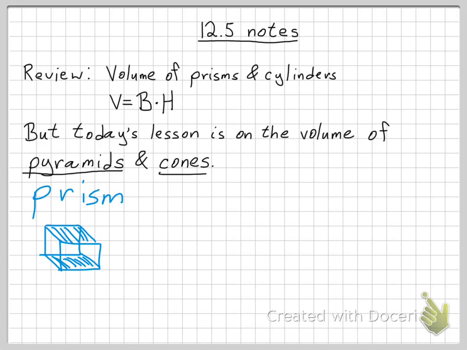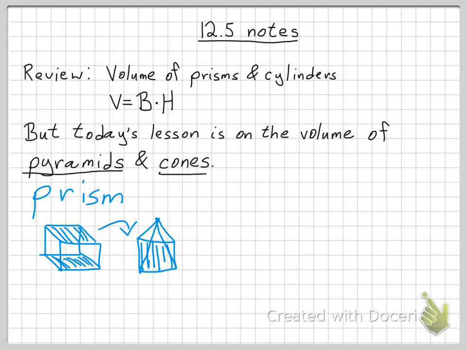In other words, both bases are squares. Okay, so that's the definition of a prism. A pyramid, however, would have a square base, but it meets at a point on the other side, on the top of it. Or it just has one base, a square, and then the other side meets at a point. That's a pyramid.